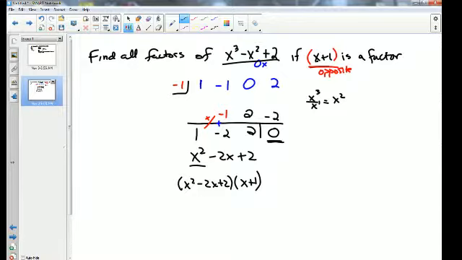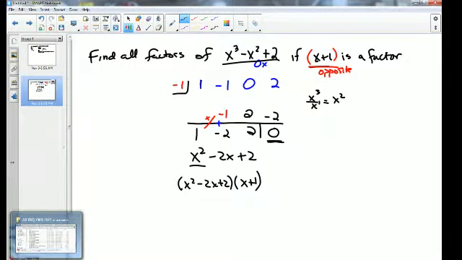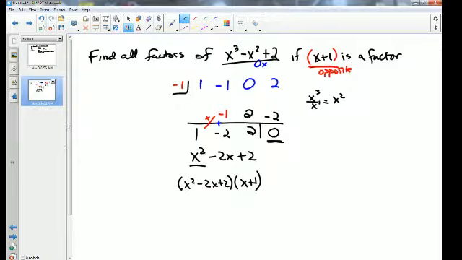Oh, I get this now. Can I factor that? Yes or no? Yes. It's a simple a equals 1 quadratic. So what are my factors of 2? 1 and 2, or -1 and -2. Do either of those pairs add up to -2?